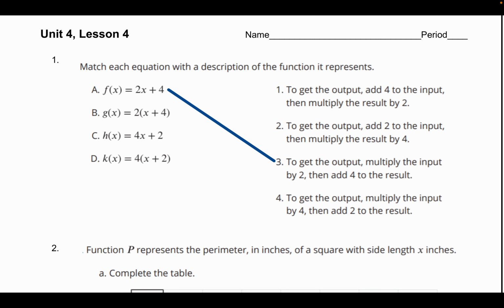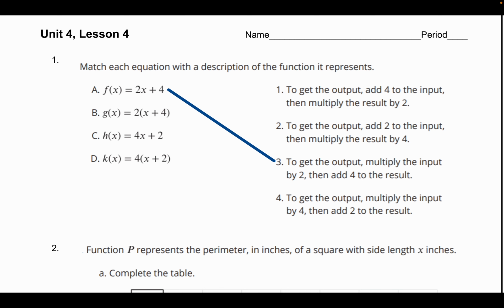There we go. Okay, function g is taking this interior portion and going to do that first. So we do need to use order of operations here and add 4 to our input first and then multiply by 2.